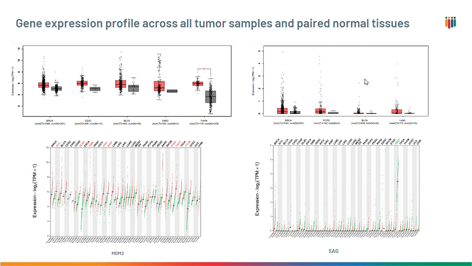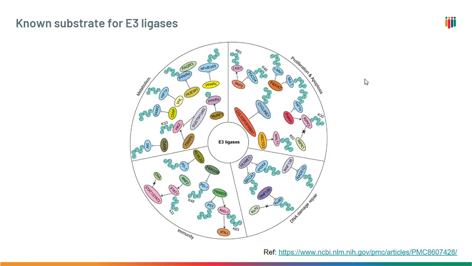After collecting this information, we look at the different E3 ligases and their specific substrates, since E3 ligases can have many different functions. They can be part of proliferation and apoptosis. They can also play a role in DNA damage repair, and in immunity and metabolism.